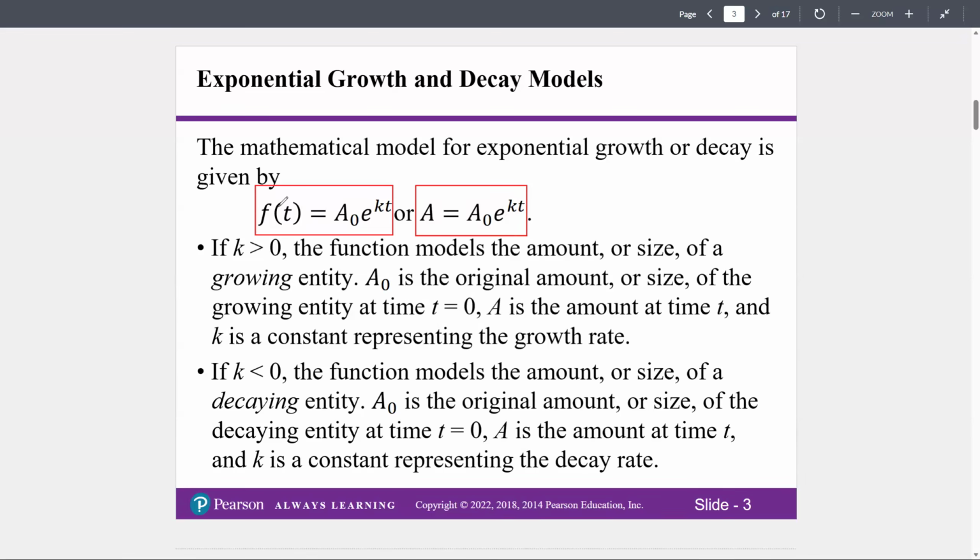When we write our equations, it's a function in terms of t. So when we're trying to write a model, we expect t to stay t, and everything else is going to be filled in with something. A sub 0 represents your initial amount.